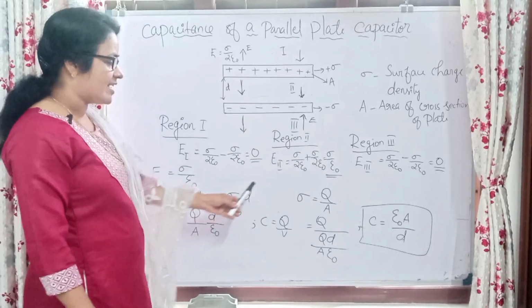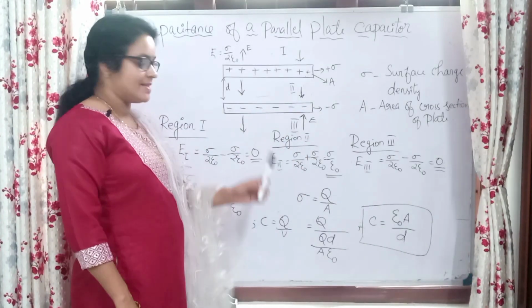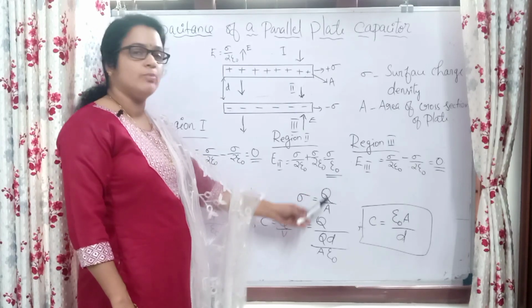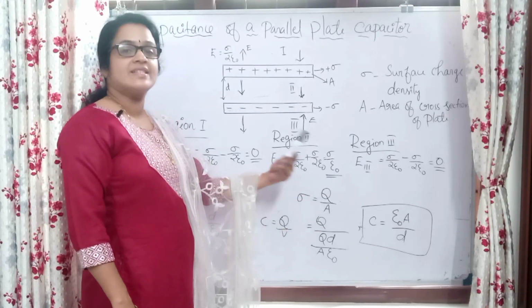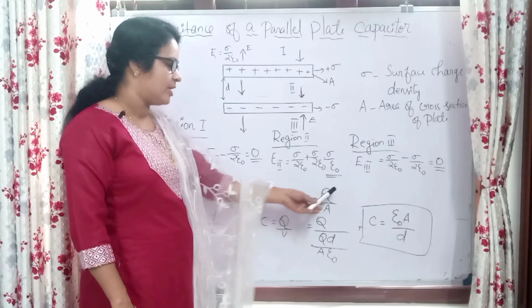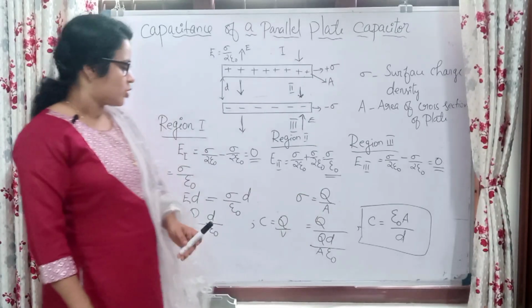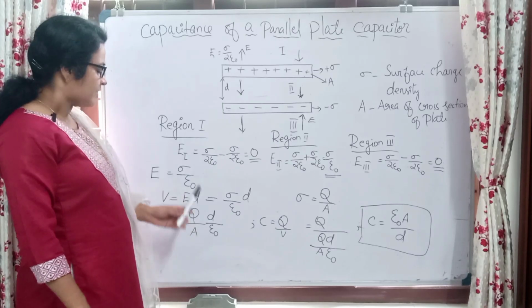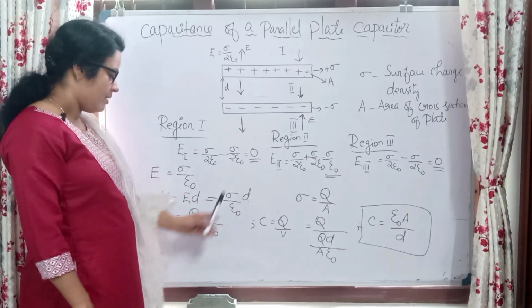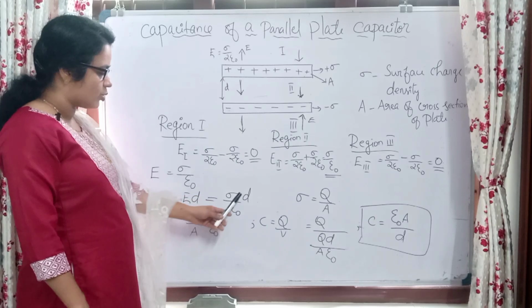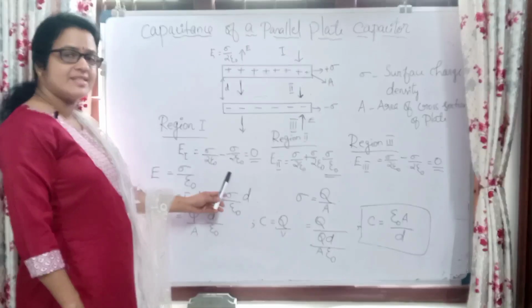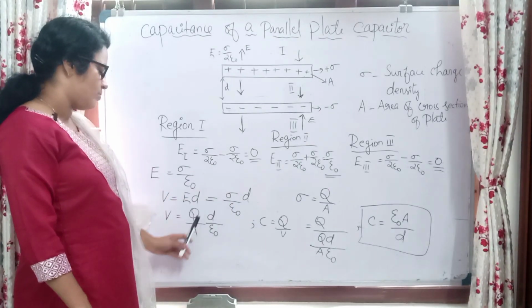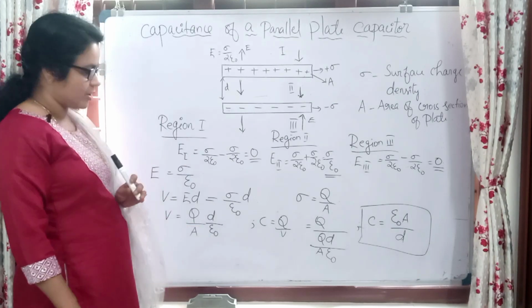And we know that sigma is the surface charge density, and that equation is sigma is equal to Q by A. That we have already studied in the last chapter. So we can substitute that also. So V will be equal to Q by A epsilon 0 into D, that is QD by A epsilon 0.